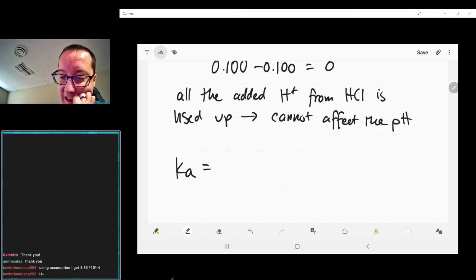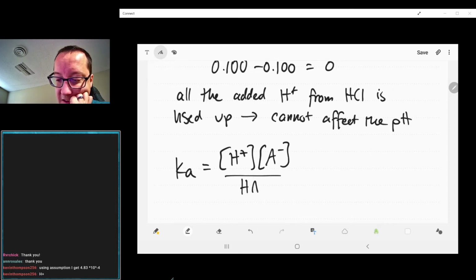So we know that Ka is going to be H plus times A minus over HA. Nothing new here.